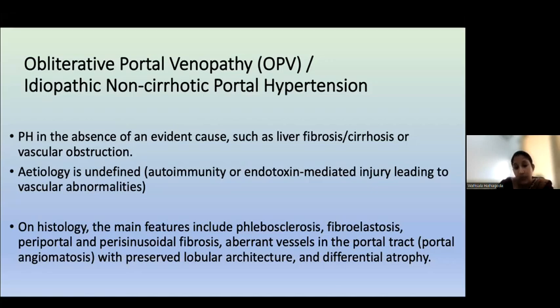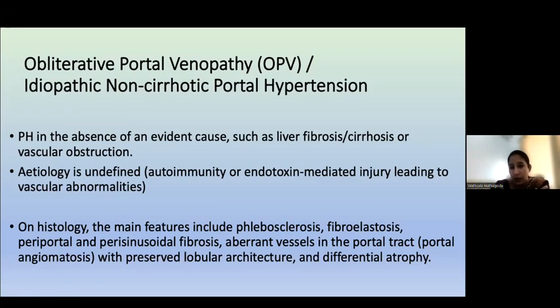And when you do the histology, because of course, when you can't find a reason for portal hypertension, we end up doing liver biopsy. So even in the liver biopsy, you will see very non-specific changes like fibroelastosclerosis. There can be some fibrosis around the periportal or perisinusoidal areas without disruption into the lobular architecture.